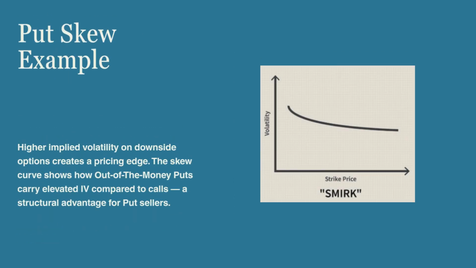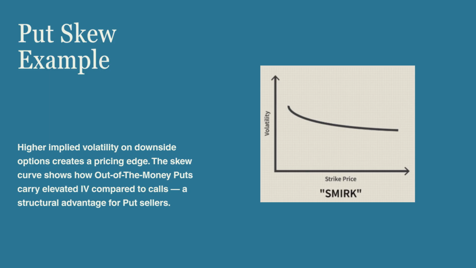So again, with put skew, you're going to see volatility increase as you get farther away from the strike price. So you can see the graphic here, you get a little smirk, and that's your put skew as an example. And then when you're comparing it to an equidistant call on the high side, you're also going to have about a 5-to-1 advantage typically in the range that we're talking about at the 15 delta.